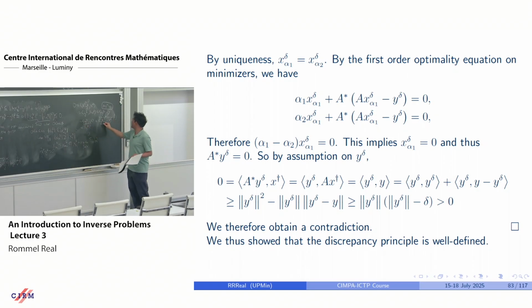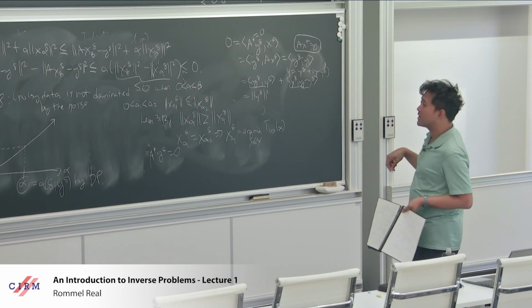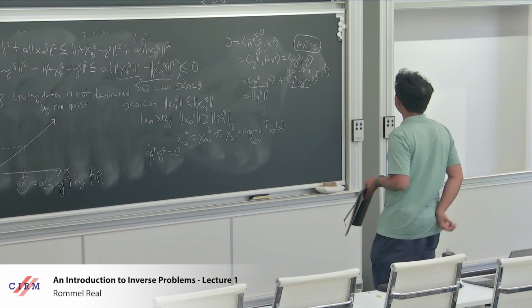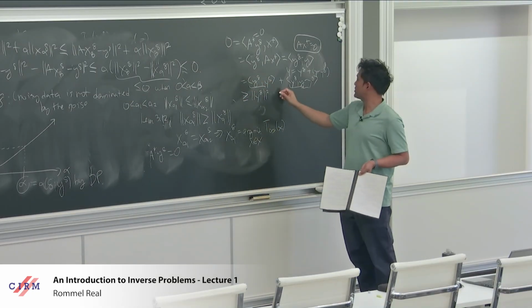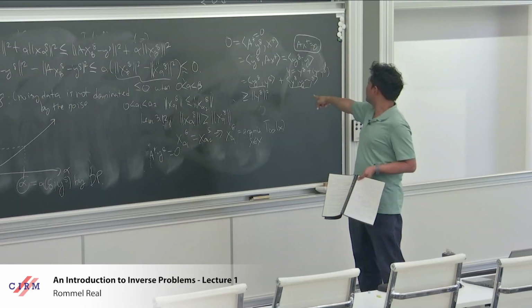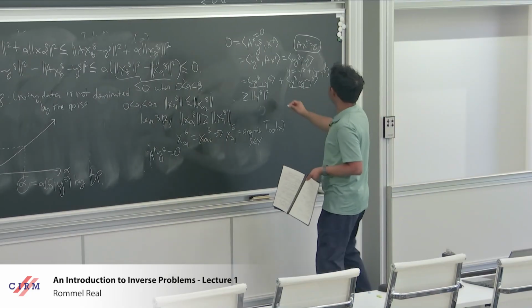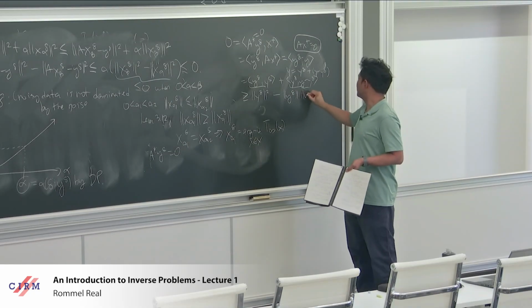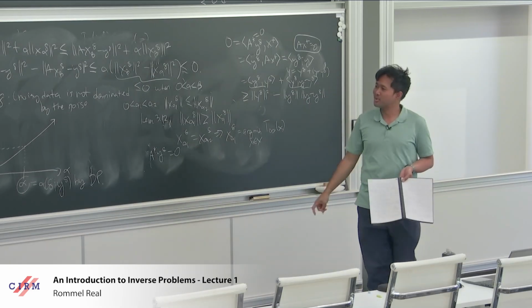But again, by Cauchy-Schwarz, this one is just equal to this one, and then this must be greater than or equal to the opposite, which is minus the norm of y delta times the norm of y minus y delta. Okay, that's by Cauchy-Schwarz.